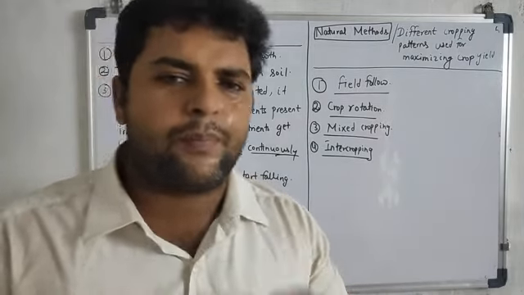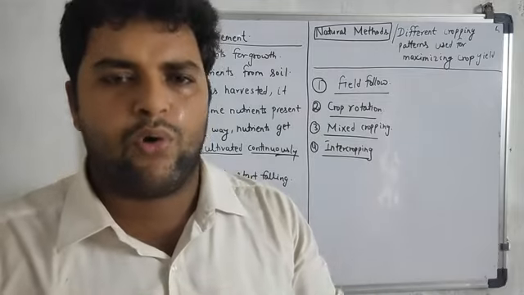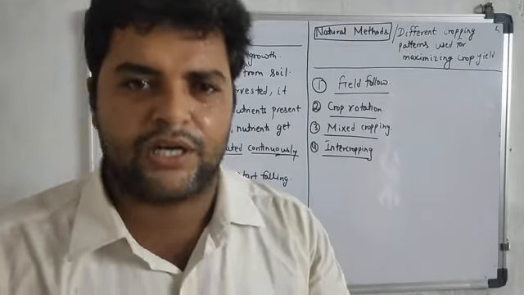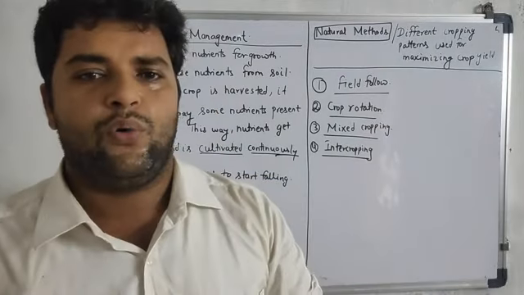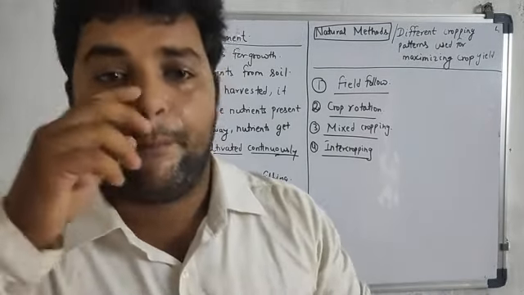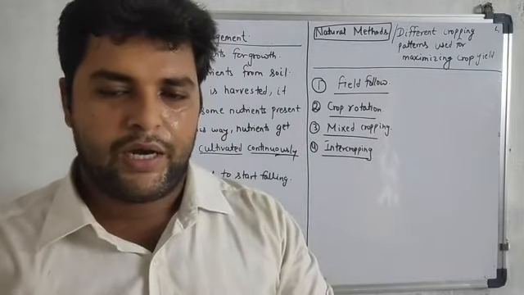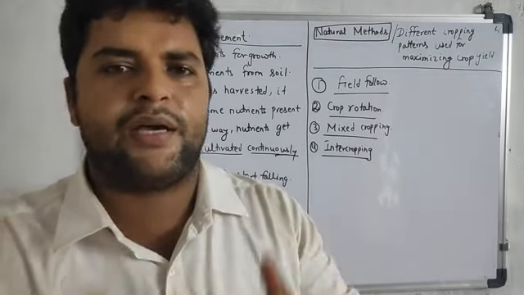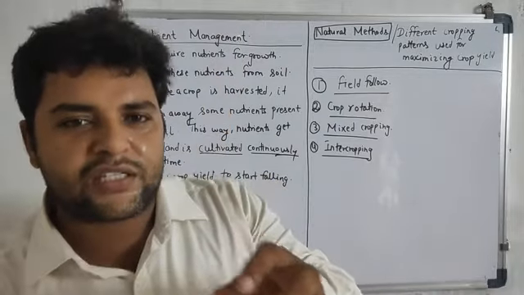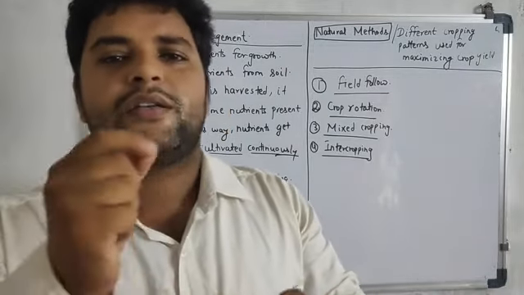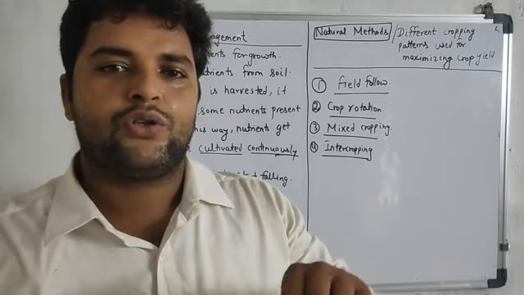Suppose any crop takes more nitrogen, for example as I have discussed, wheat and paddy, then the next crop to be cultivated must be a legume crop. Legume crops are basically pea, gram and mustard. These are the crops which supply some nitrogen to the soil.